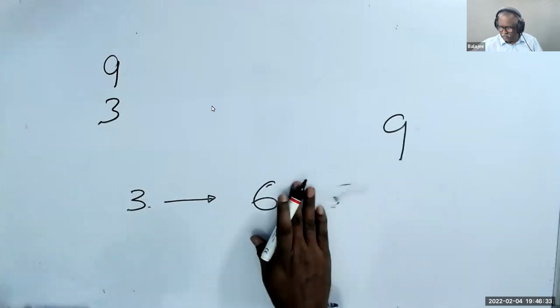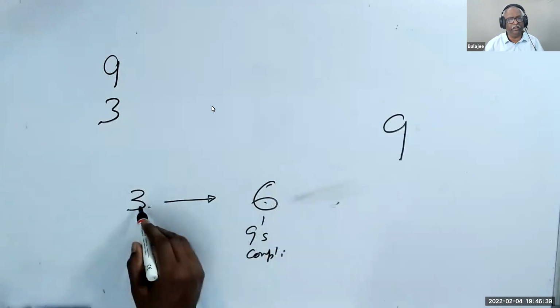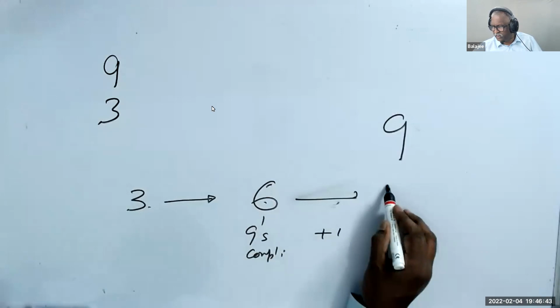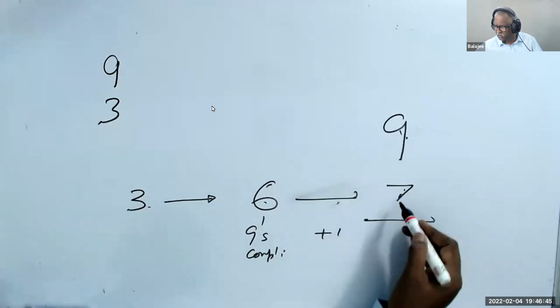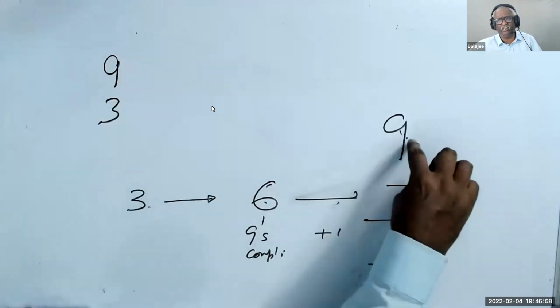Sorry, this is the 9's complement. Then the 10's complement is you add 1 to it. It becomes 7. Now you add these numbers, 9 plus 7, 16. Remove this. You don't need this carry. Then you get 6. Got it? 9 minus 3 is 6, but I need addition.